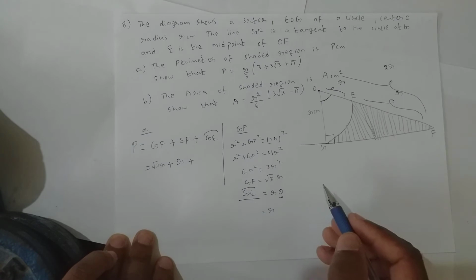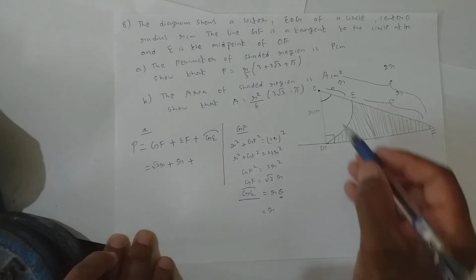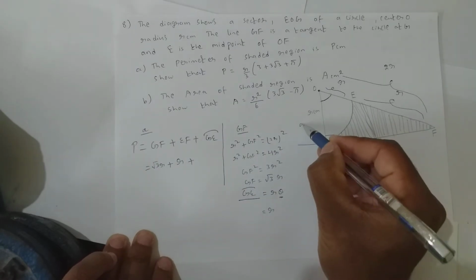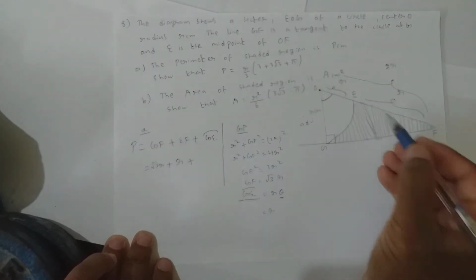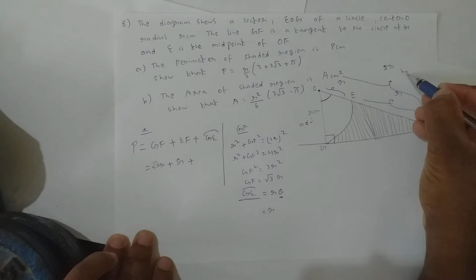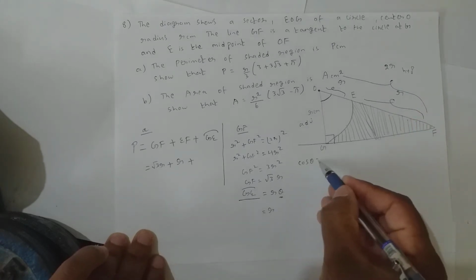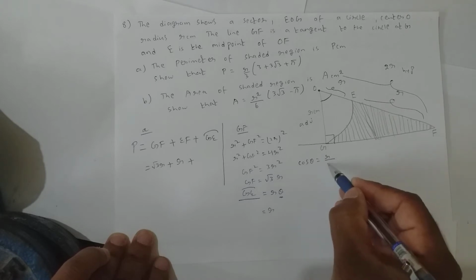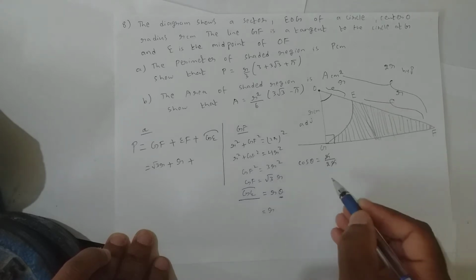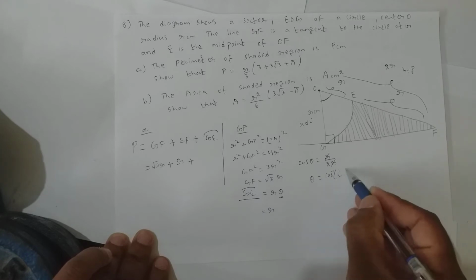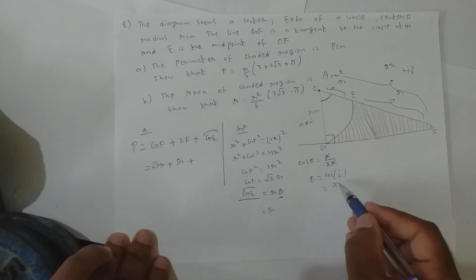So to find that angle, what do I know in this triangle? This is adjacent to that angle and this entire thing is hypotenuse. So adjacent by hypotenuse, I take cos theta. So cos theta equals r by 2r. r gets cancelled, theta equals cos inverse half.